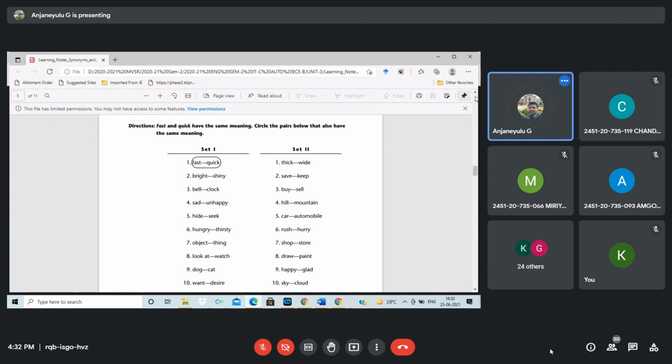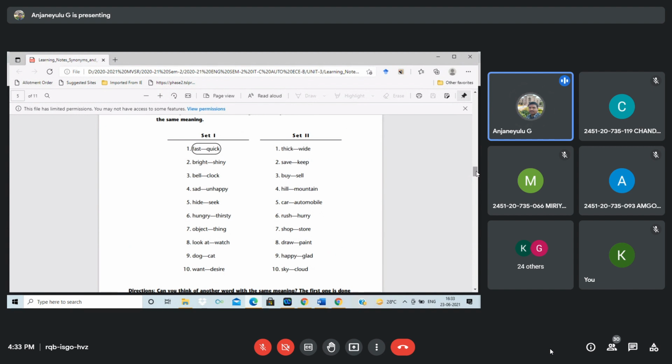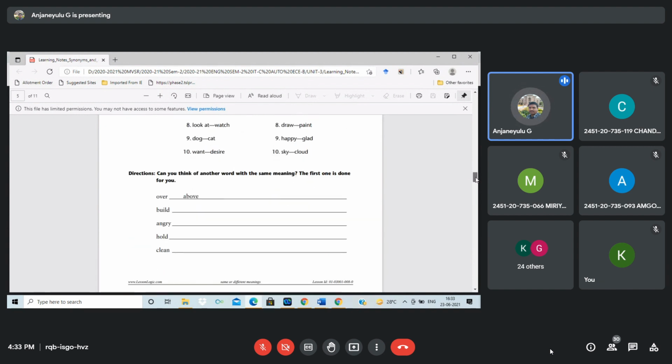Yes. So this type of question we also try to ask. Bright, shiny. Yes, both are synonyms. Some are not the same, so you are not going to circle them. Okay, so find them and do this exercise.